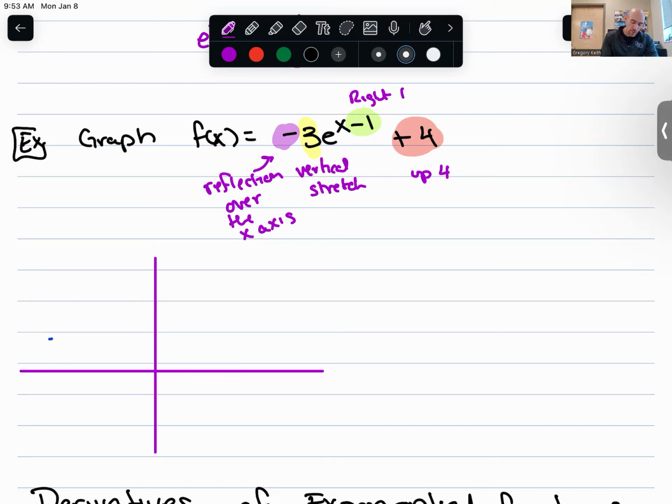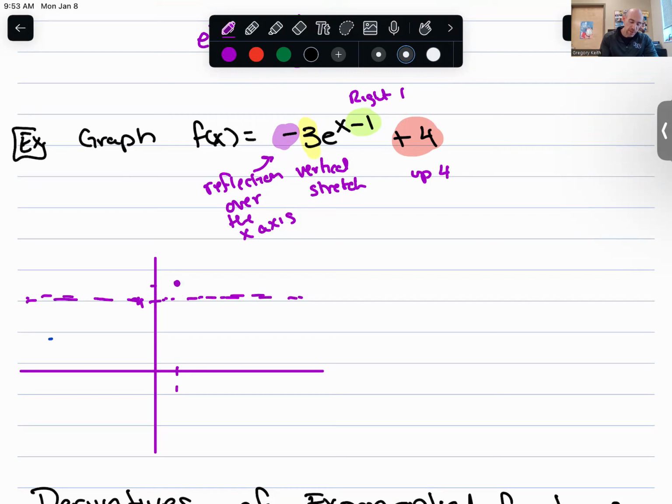And so if it's going up 4, instead of that horizontal asymptote being at y equals 0, we know that's going to be shifted up 4. Okay, we know that's going to the right 1. Normally, it goes through 0, 1. So if you raise that up to 0, 5, that point's actually going to be at 1, 5.